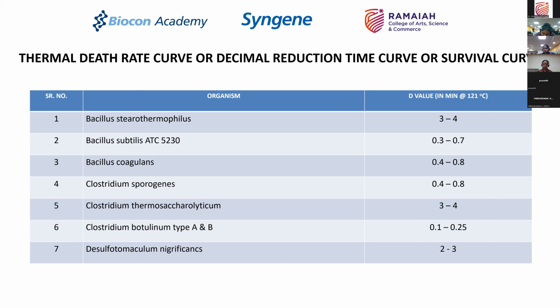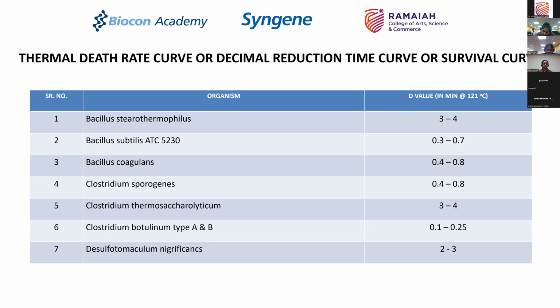Then you actually do a practical test for that and make sure that you are achieving the reduction, by putting biological indicators there, using a tougher spore, and then you see, okay, this is the cycle that I'm going to run, that I will need 12 minutes to achieve it, or I'll need 30 minutes. That is the importance of the D value: you should first of all know what organism you're dealing with, and knowing the D value of that organism helps you in arriving at the time cycle that you will look at.